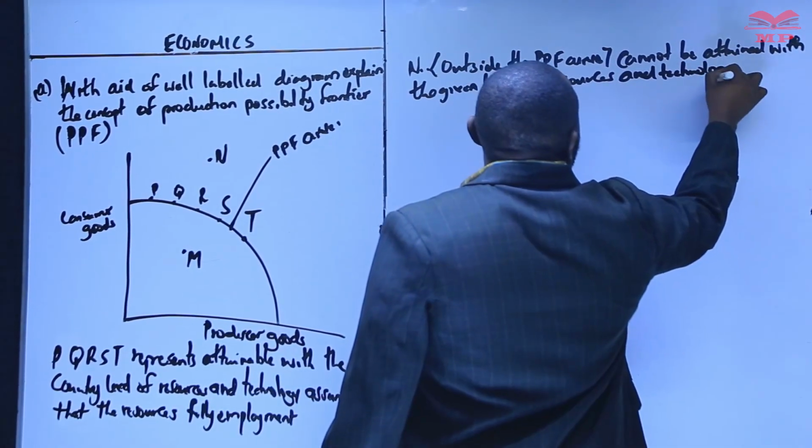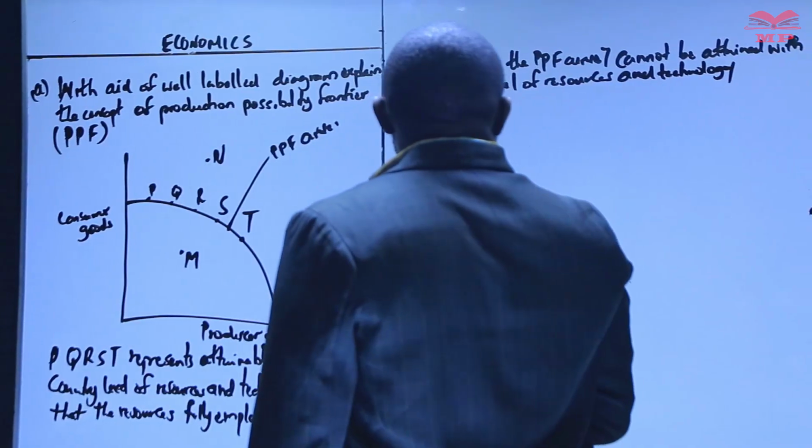So that point outside the PPF curve, N, is unattainable.